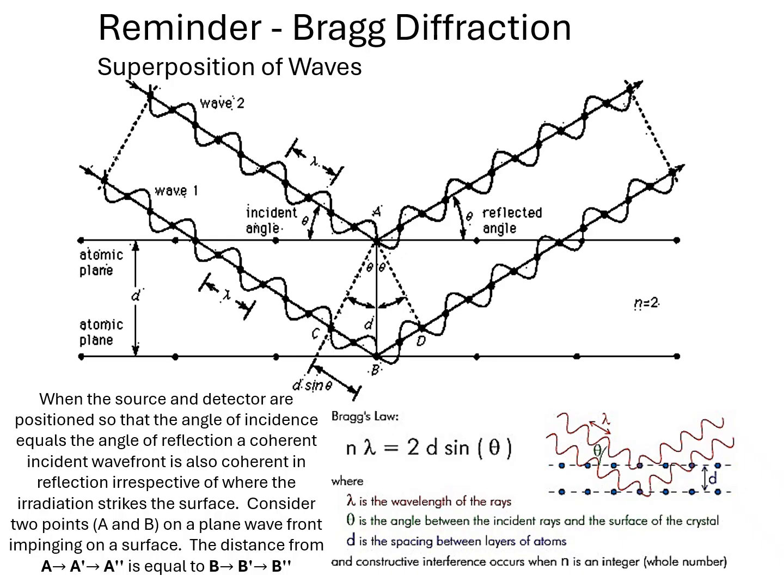If we're interested in a condition where the angle of incidence is equal to the angle of reflection, that's the optimum case where radiation impinging on any point on the surface, when it's reflected off, will be in phase so long as the angle of incidence is equal to the angle of reflection.